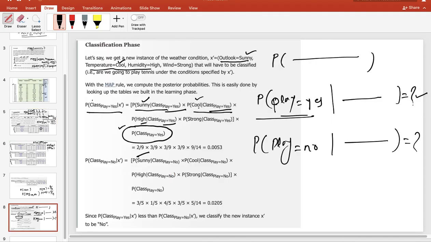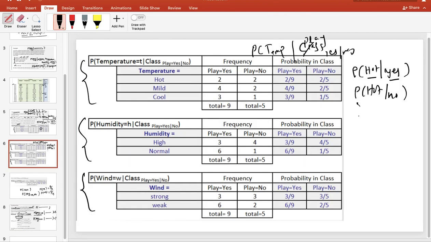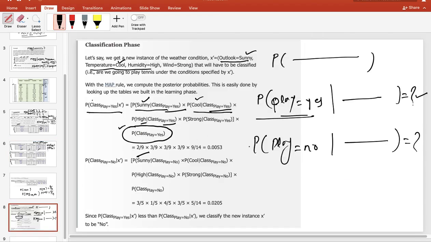Then the probability of temperature cool given class yes, again from the table, is 3 by 9. And for this it is again 3 by 9. And the probability of the class play is equal to yes is 9 by 14, since we are playing on 9 days out of 14 days. So this comes out to be 0.0053 if you compute.